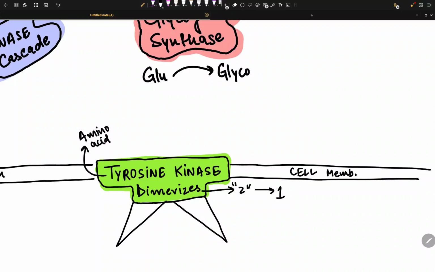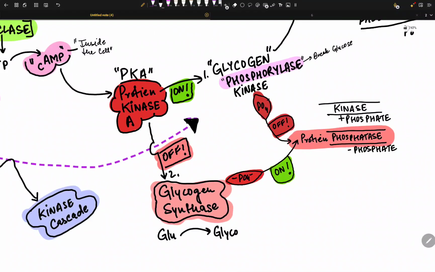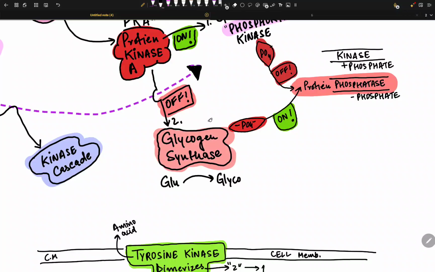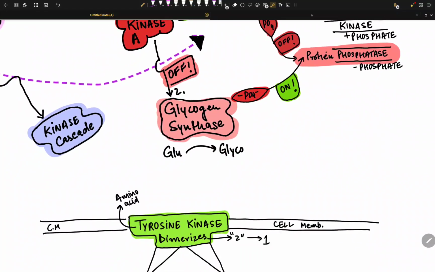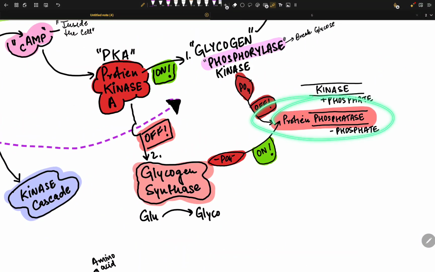During fasting, remember that protein kinase A, PKA, phosphorylates glycogen synthase. When it phosphorylates glycogen synthase, it becomes inactive and stops. After we give insulin, the protein phosphatase becomes active.